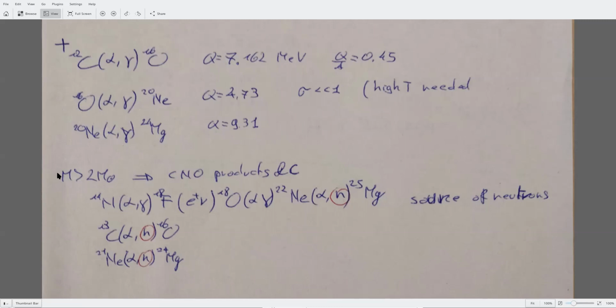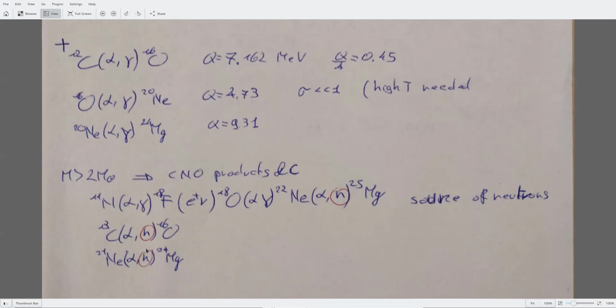If the star is massive enough, you have a production of CNO in the core, and you have directly the result of the CNO and of the magnesium and the neon-sodium cycle, the magnesium cycle, and you can also have this reaction.